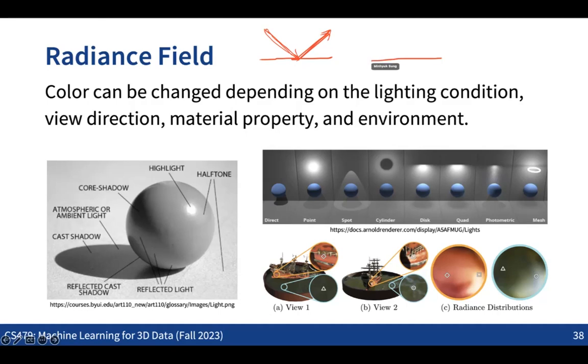But in other cases, we have diffuse materials, where the light is distributed into all random directions.